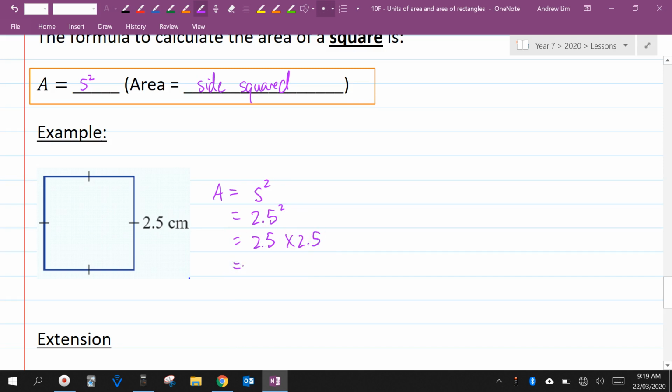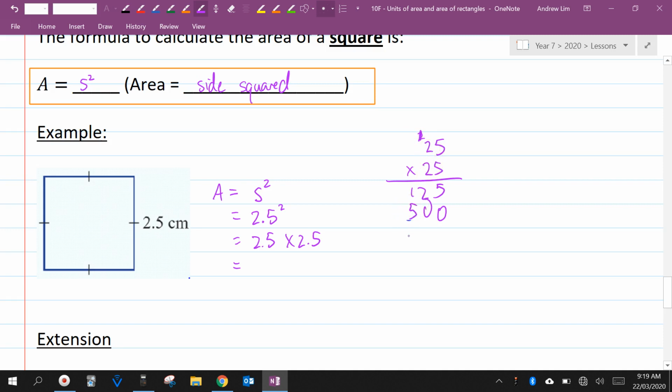I haven't taught you how to do this by hand yet, but in case you do know, I'm just going to do it here. I'm going to ignore the decimal point. I'm going to multiply like normal. 5 times 5, 25. 2 times 5, 10 plus 2 is 12. Put our 0. 5 times 2 is 10. Carry the 1. 2 times 2 is 4.